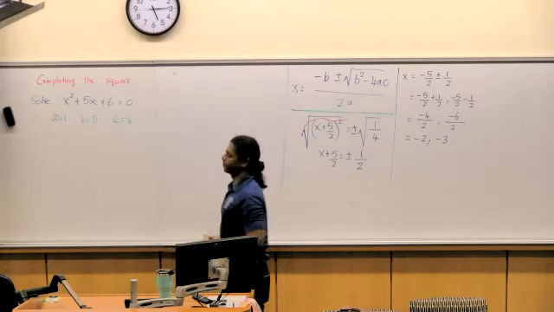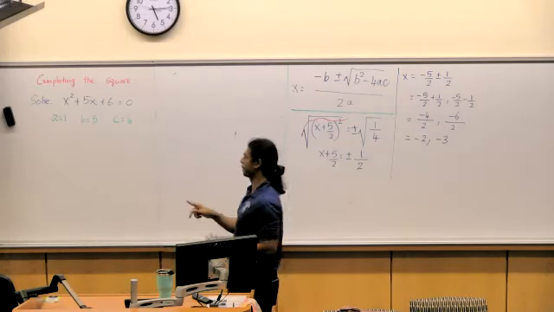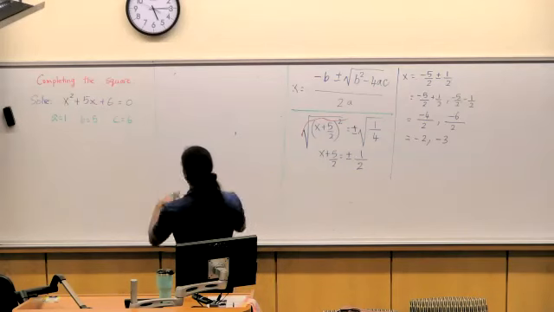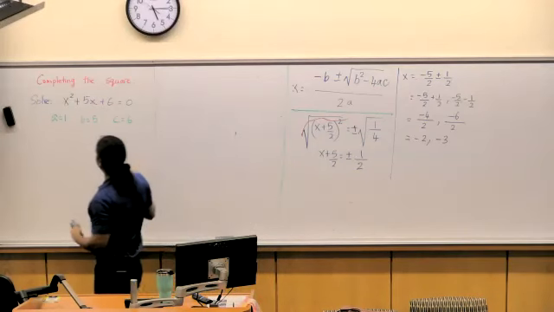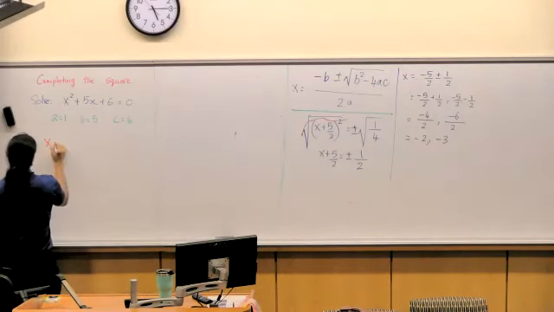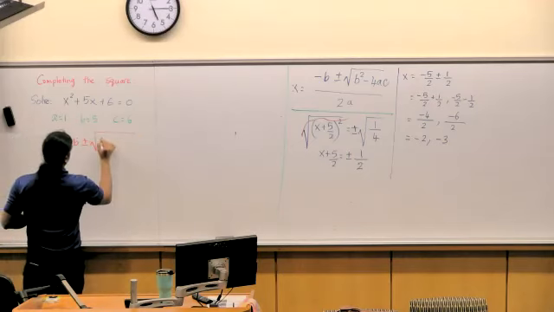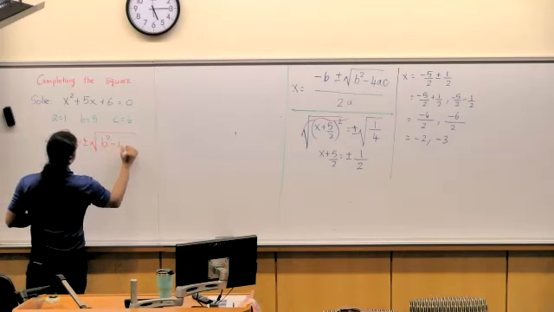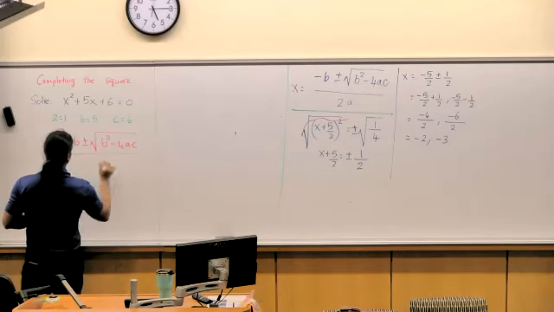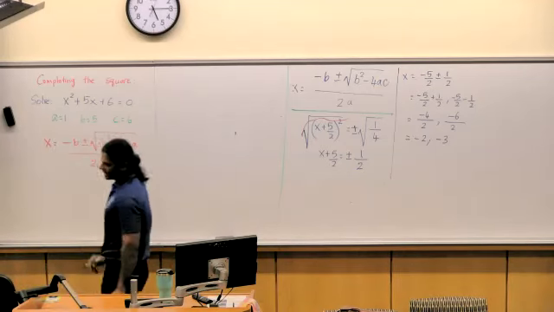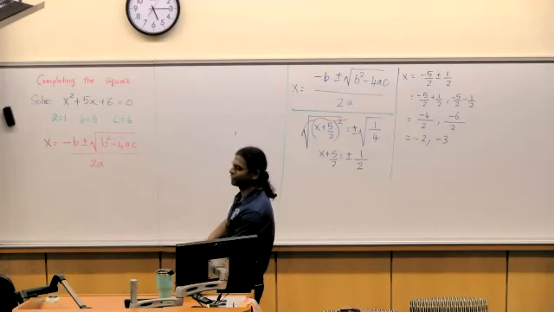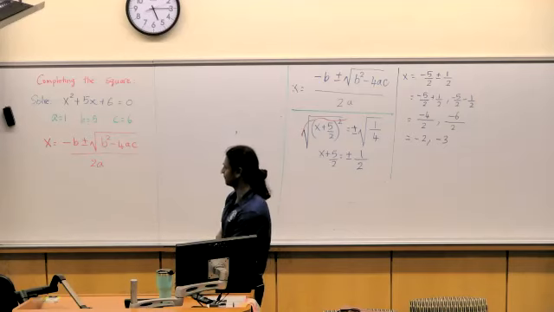I'll do another problem where factoring will not be possible, but I just want to connect the dots. So, minus b plus or minus square root of b squared minus 4ac divided by 2a. That is the quadratic formula.